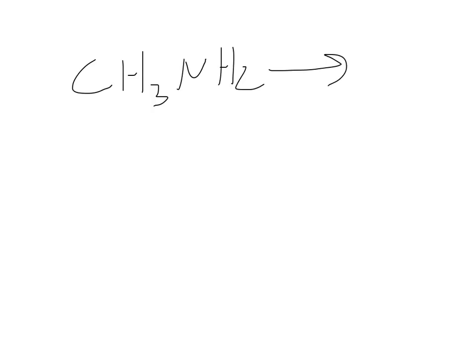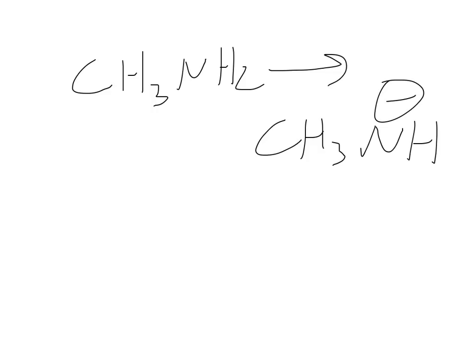Essentially, you need to think about it as a reaction going to a product. So if you're asking the question, CH3 and H2 going to CH3 and H minus, the more stable the product is, the more acidic it will be.